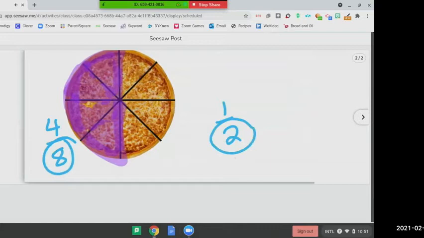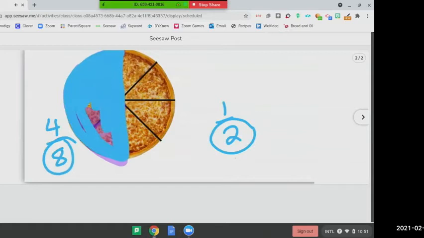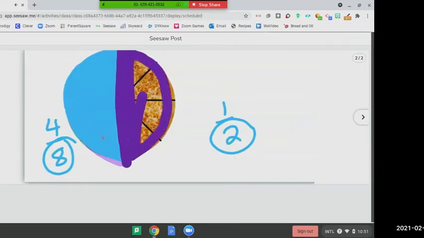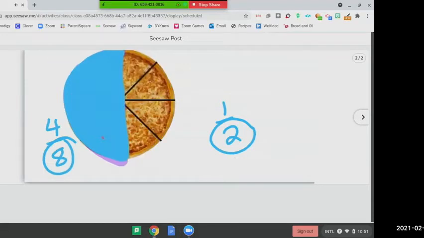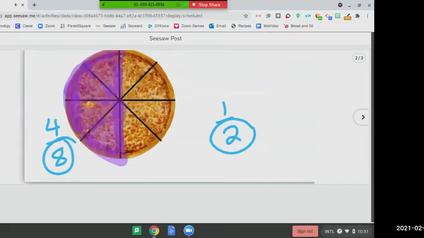I want to see if I can split this pizza up into groups of 2. And I can do that by taking one group of 4, and another group of 4. So I took 2 groups of 4. So that tells me that if I ate this side, I ate 1 out of 2, which is known as 1/2, which is also known as 4 out of 8.